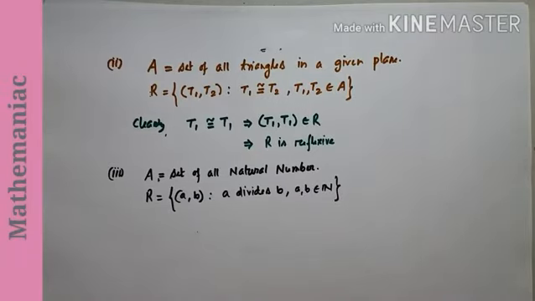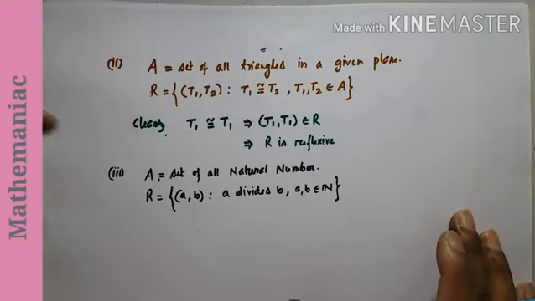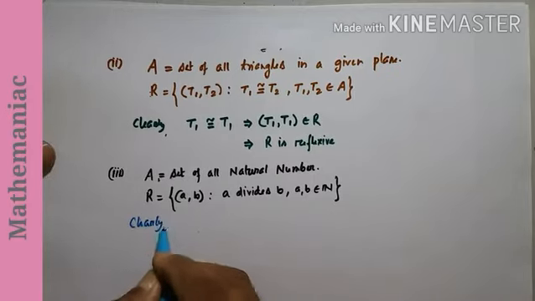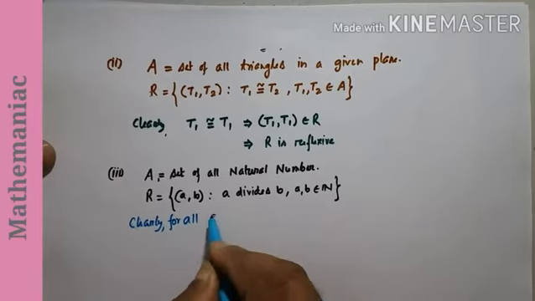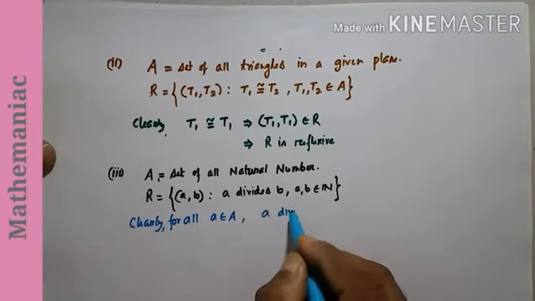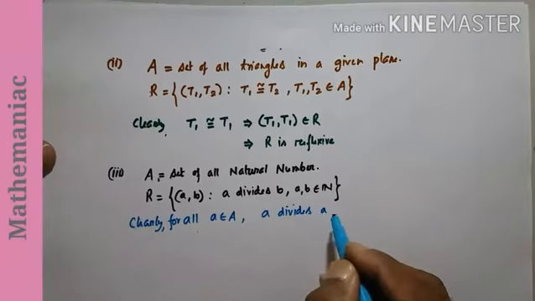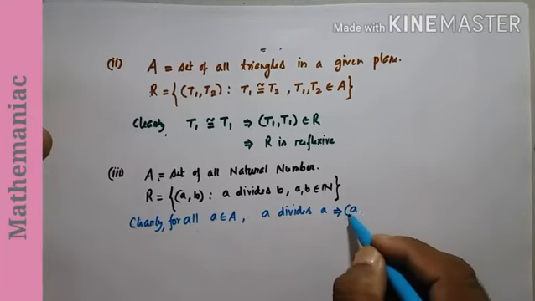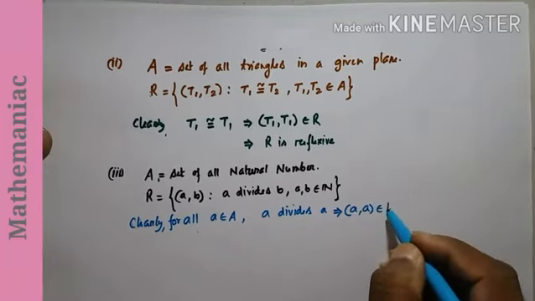Now will it be reflexive? How do we identify whether it will be reflexive or not? You just have to check whether (A, A) belongs to R or not. Now you see clearly, for all A belonging to A, which are natural numbers, I can easily say that A divides A. If A divides A, can I directly say that (A, A) belongs to R?